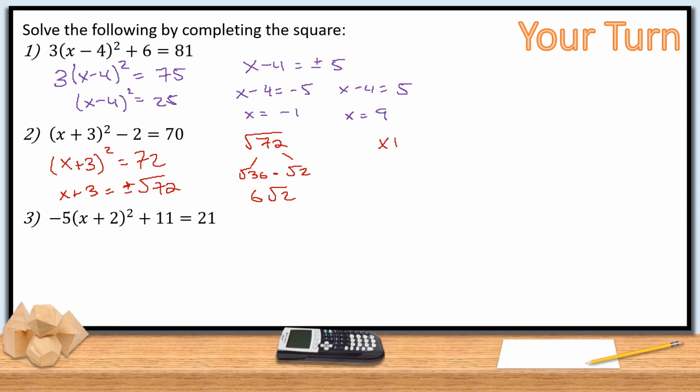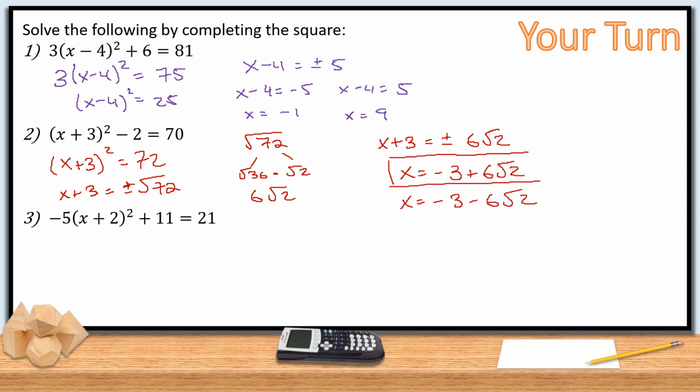So we're going to have x plus 3 is equal to plus or minus 6 root 2. Subtract 3 from both sides. X equals minus 3 plus 6 root 2. Other solution, minus 3 minus 6 root 2. So there's our 2 solutions in this case.